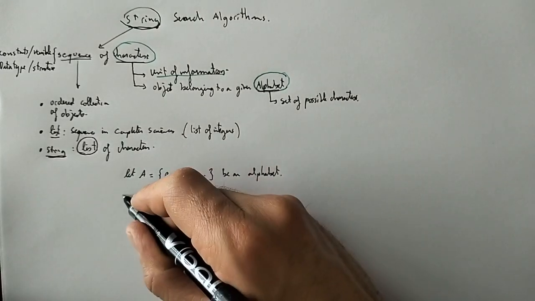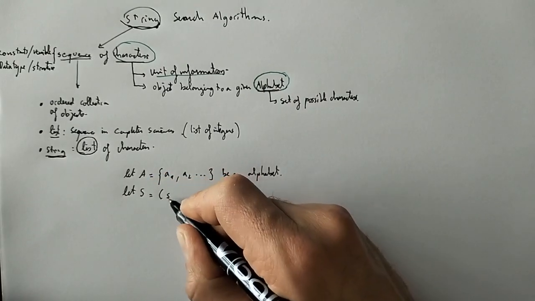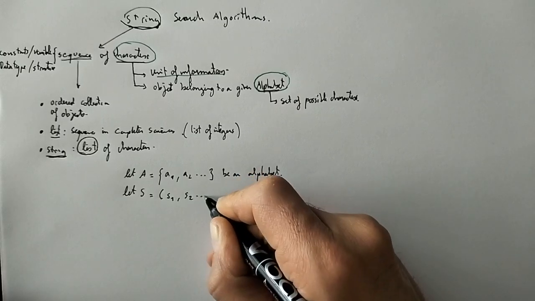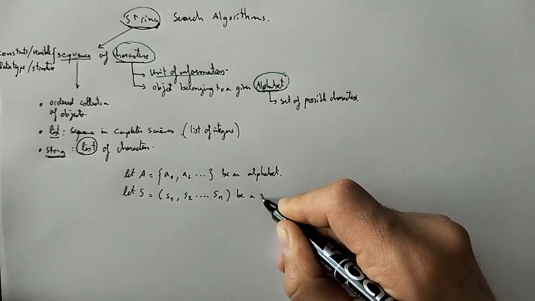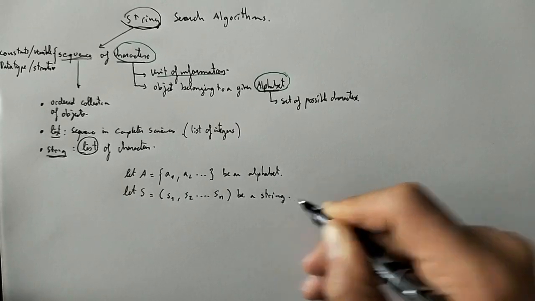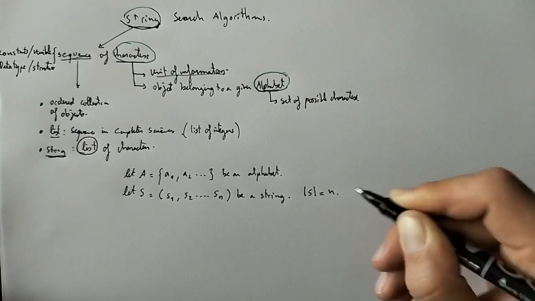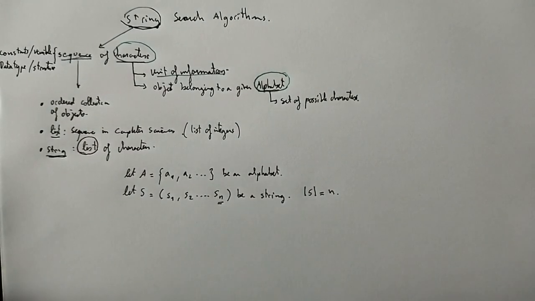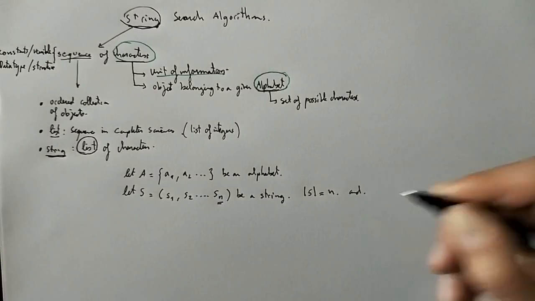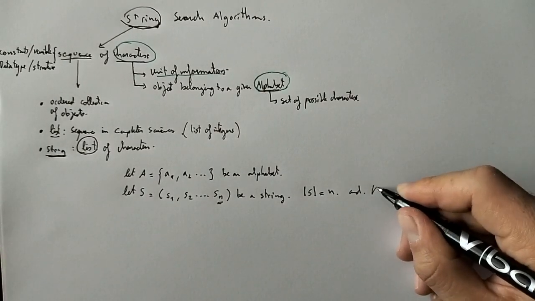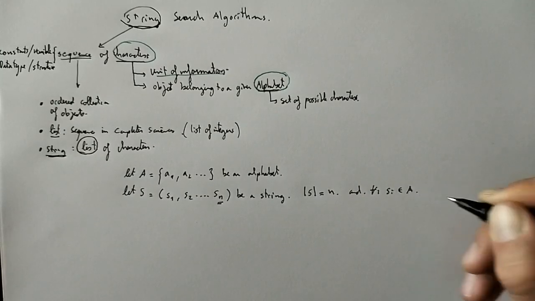Let S, with S1, S2, and so on, Sn, be a string. So here the size of S is simply n because we have n characters. And another important thing is that for all i, Si will belong to the alphabet.